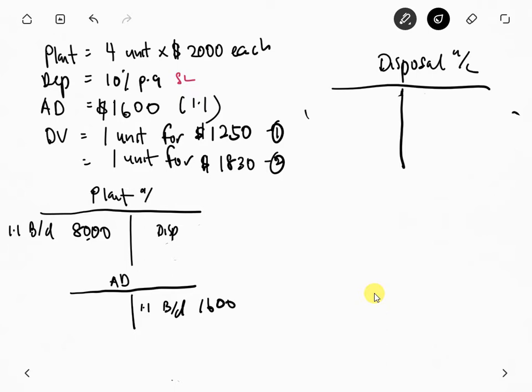Take out the plant account from the plant, the cost account. Step 1. Focus on this asset. How many years have I depreciated? Just now we counted 2 years. So 1 year will be 10%, 200. 2 years, 400. Is the 400 in here? Yeah, take out 400.